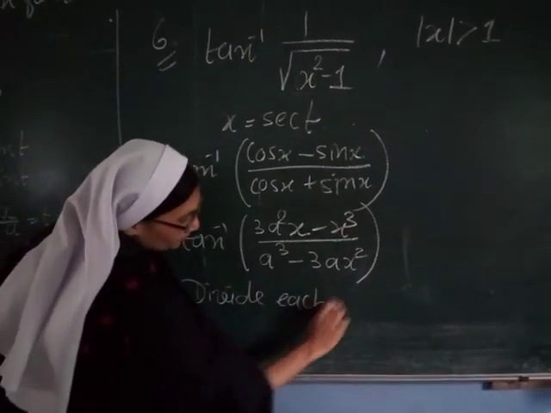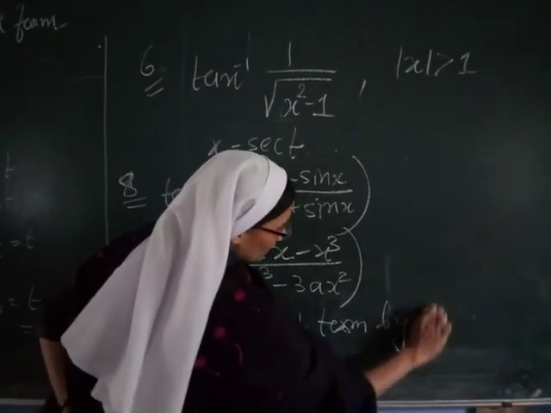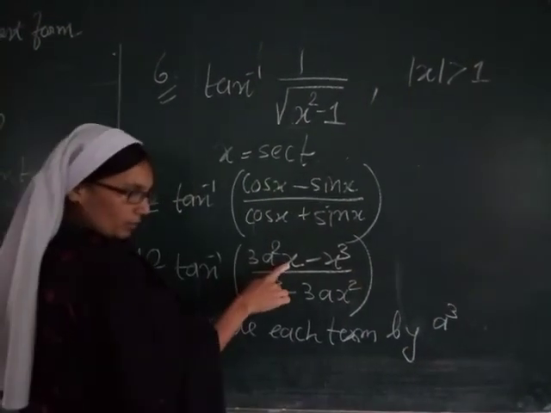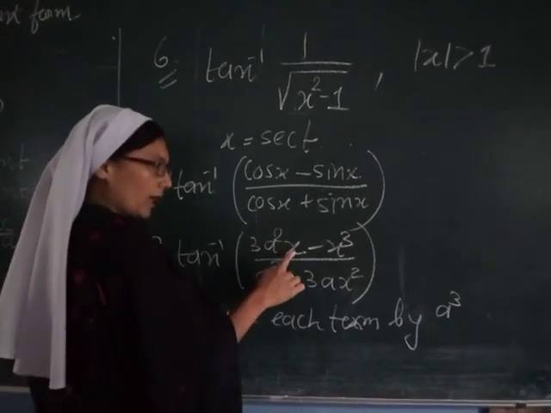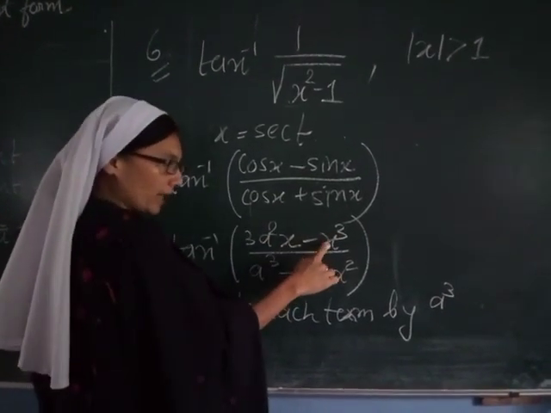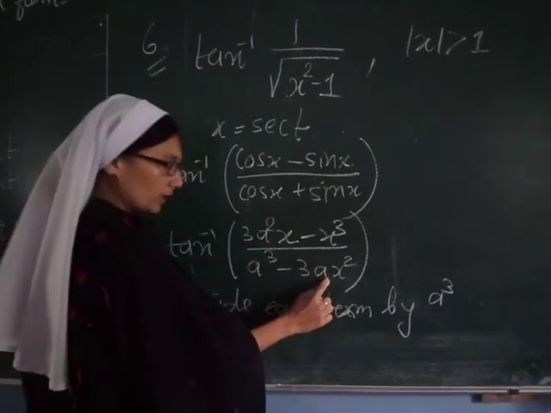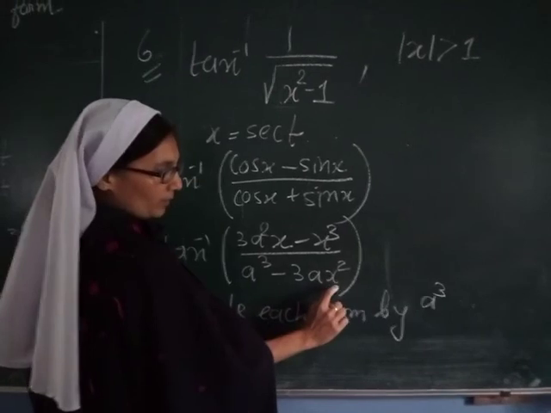When you divide by a cube, here you will get 3x by a, because a square will cancel. Here you will get x by a whole cube. Here you will get 1, and here 3x square by a square.